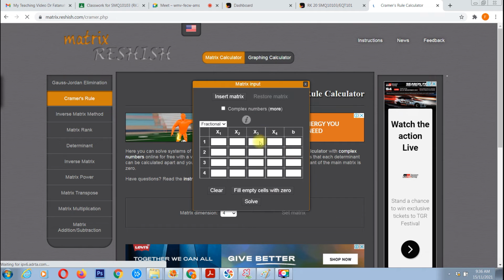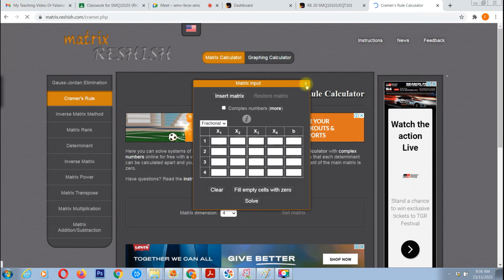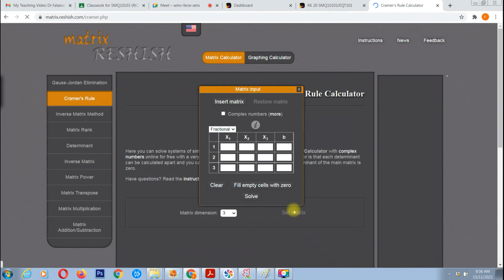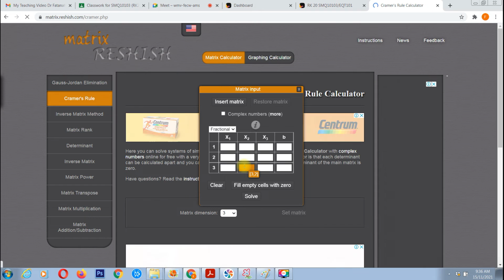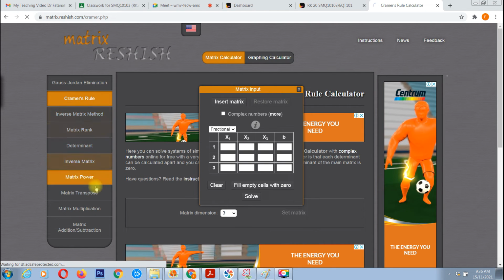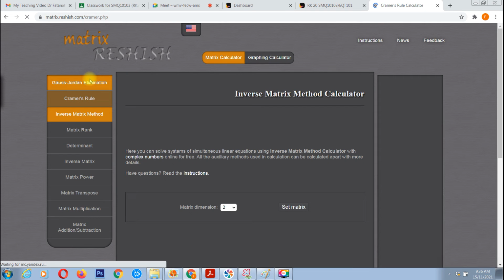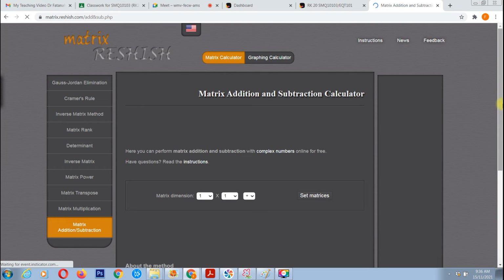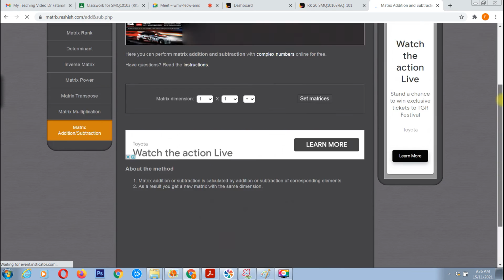Usually you just set 3. It depends on the question. So usually you use the inverse matrix method, Cramer's rule, Gauss-Jordan elimination. Another matrix is simple.